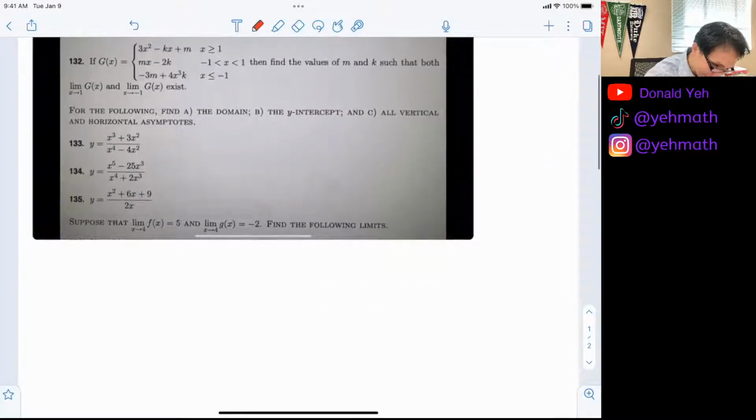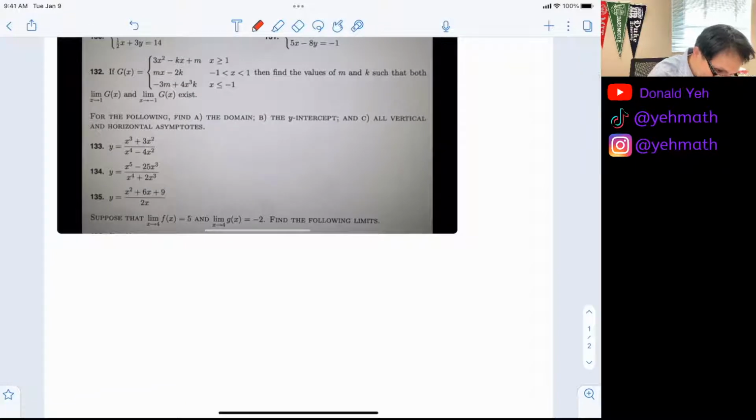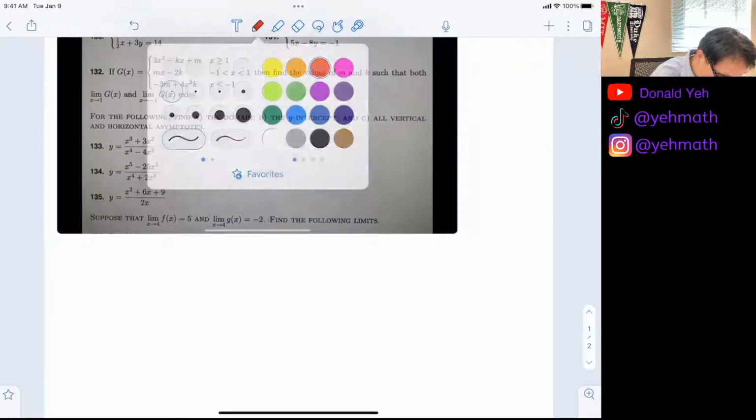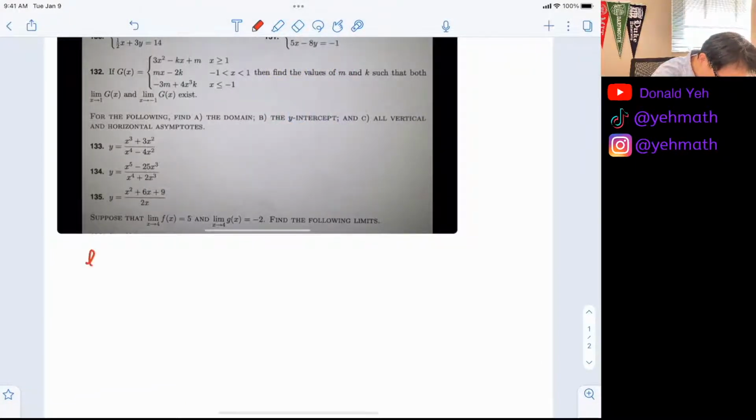So here's what you can figure out. Let's take the limit as x approaches -1 from the left side. Which equation will I be using here? Yes, Deborah, the -3m plus 4x cubed.